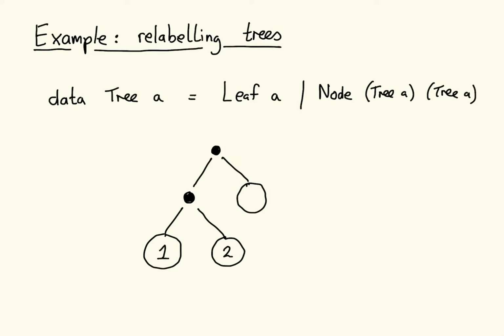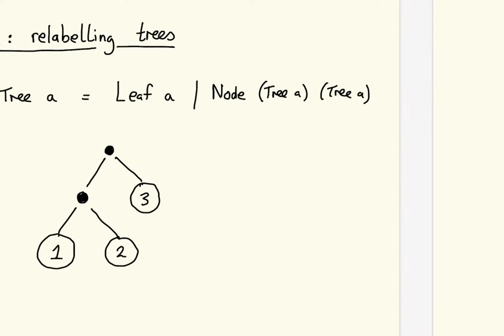For example, I could just replace them by the numbers 1, 2 and 3. So what's the basic idea then? Essentially, we want to define a function which takes a tree of A things and gives us back a tree of integers.